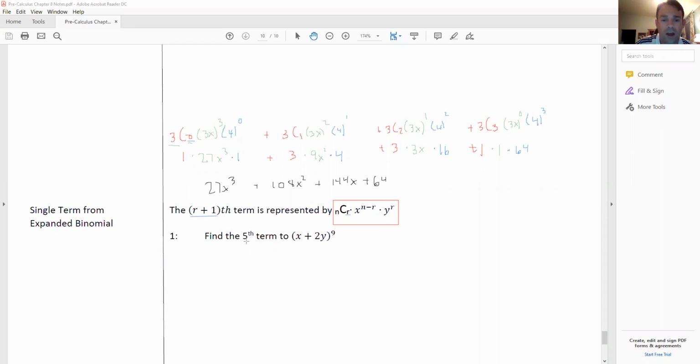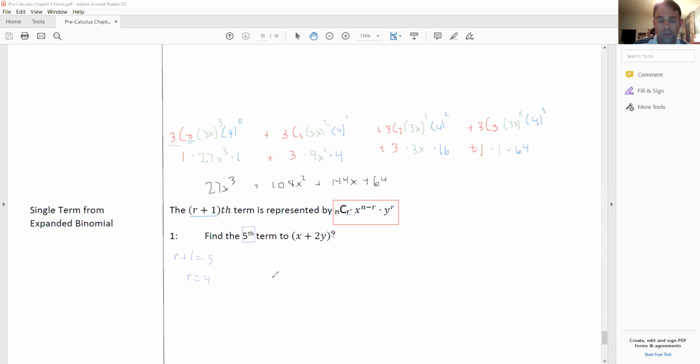To begin with, I have a fifth term. So that means 5 is the r plus 1 value. So the r we're actually going to use is 4. So here's my n value, and now I know my r value.